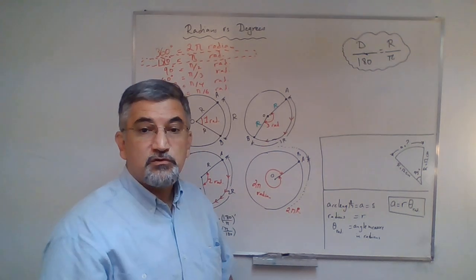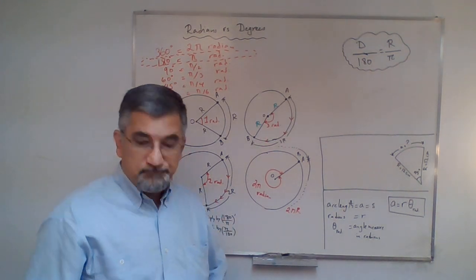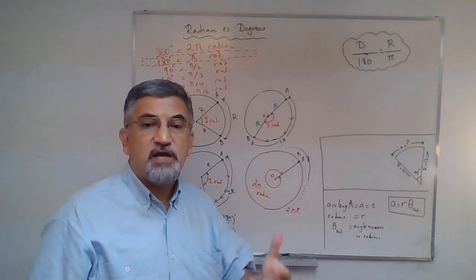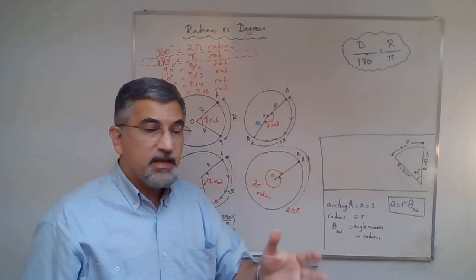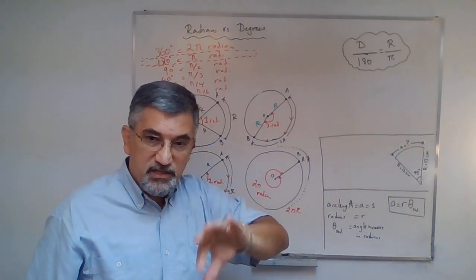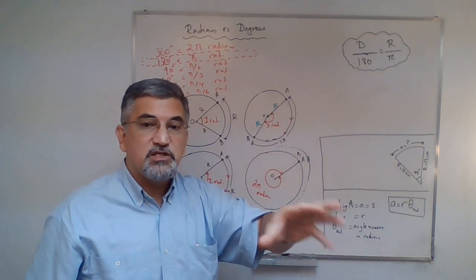They're saying that their teacher said that pi is 180. So they misunderstood the fact that the teacher never ever said pi is 180. And that's not what we are saying here. What we are saying here is that pi radian is equal to 180 degrees.